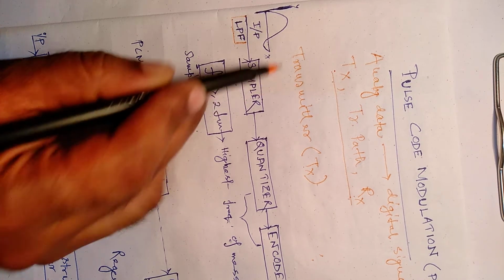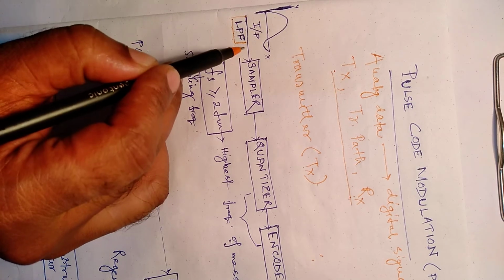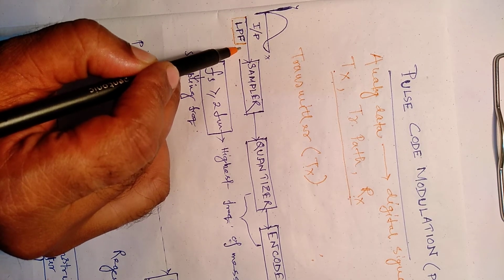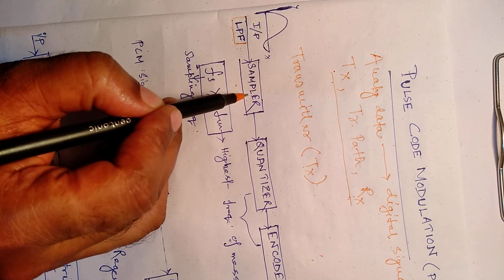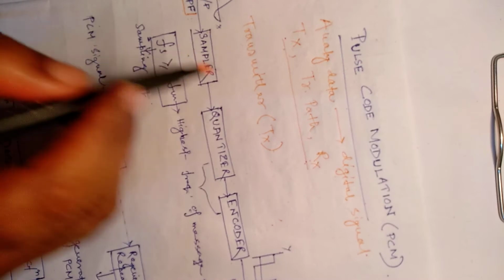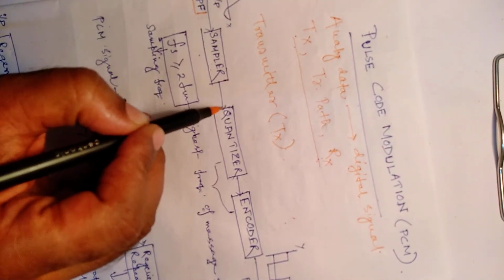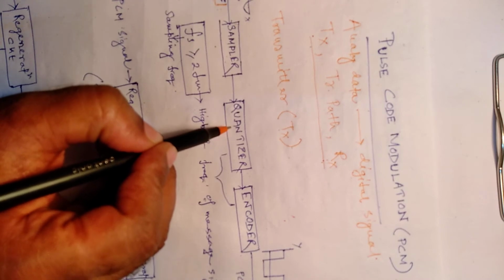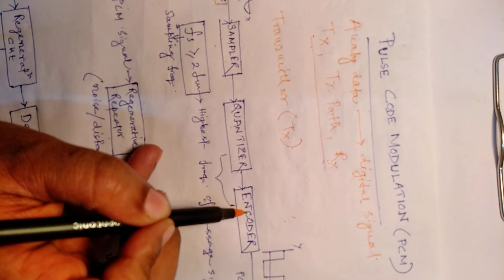So first your message signal passes through a low pass filter, and the output of the low pass filter acts as an input of a sampler. After sampling, the next part is the quantizer, and the last one is your encoder part.